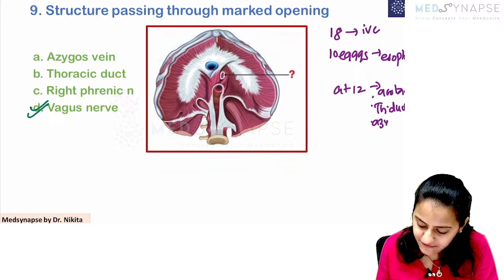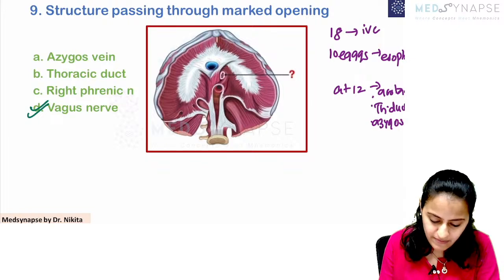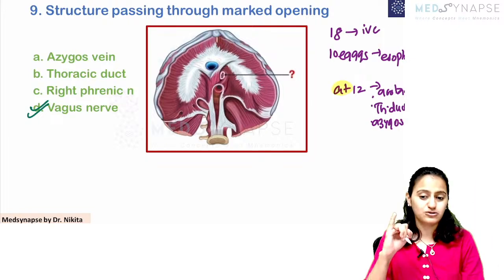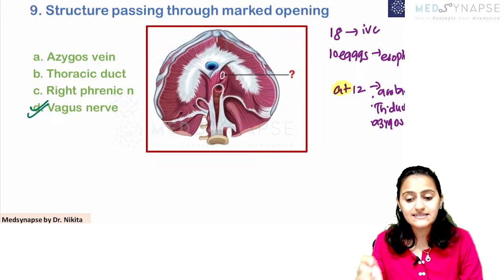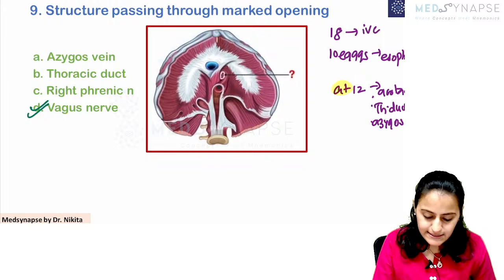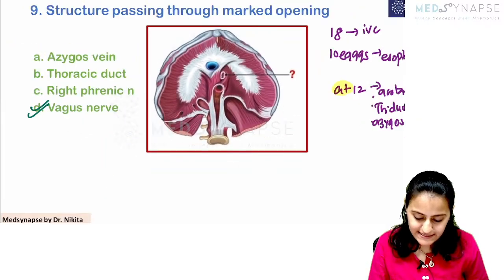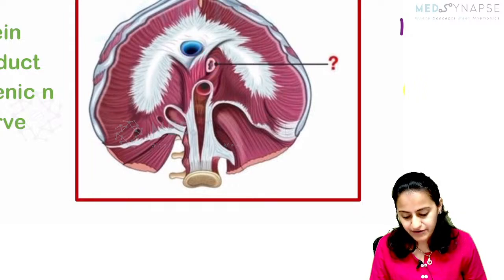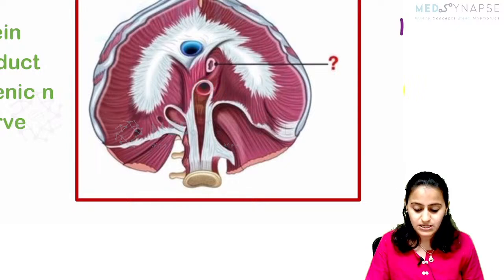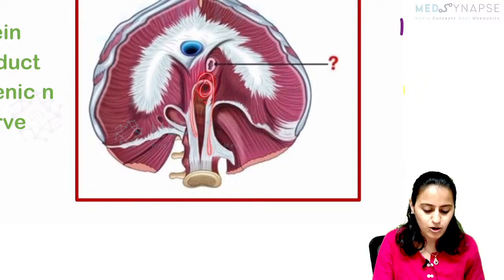A also stands for azygous vein. So remember that at T12 is aorta, azygous vein and thoracic duct. X is esophagus. Look at the opening here. You can see the color also is telling you that this is the IVC, blue color. This is the muscular esophageal opening and at the very back is the osteoaponeurotic aortic opening.